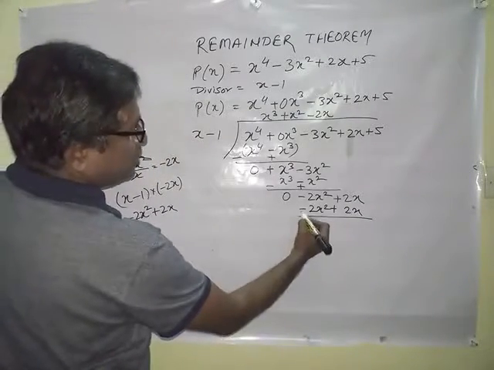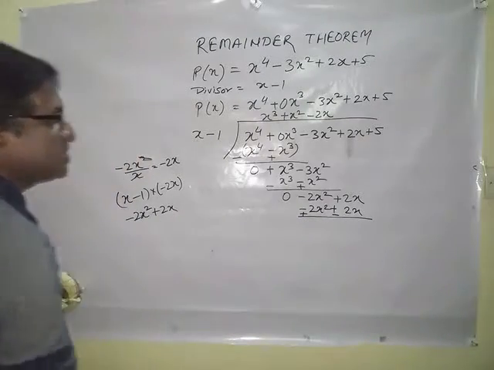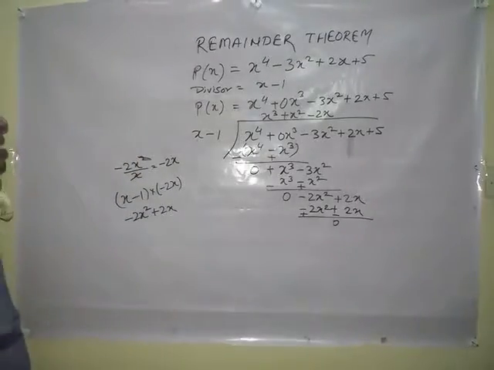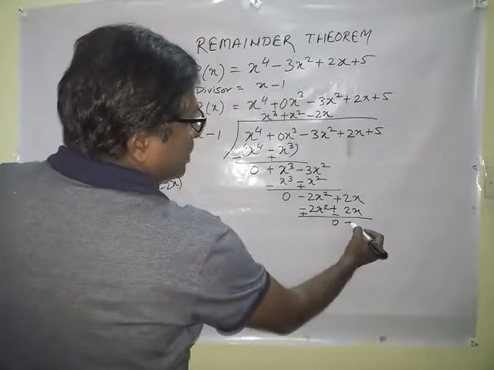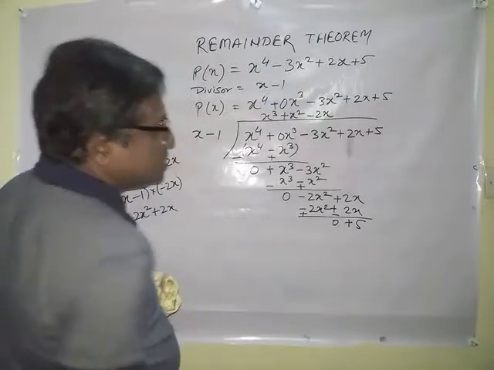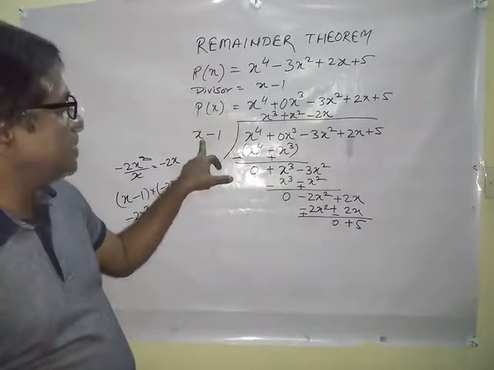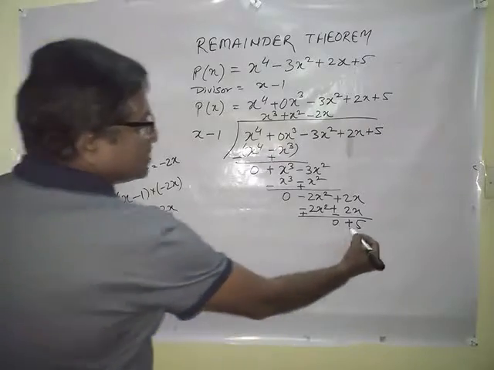So again you are subtracting, then this will become plus and this will become minus. So here it is a 0. But still the constant is there, which you will take down at the last term. But since it does not have any variable, it cannot be divided by this. So the remainder in this equation is 5.